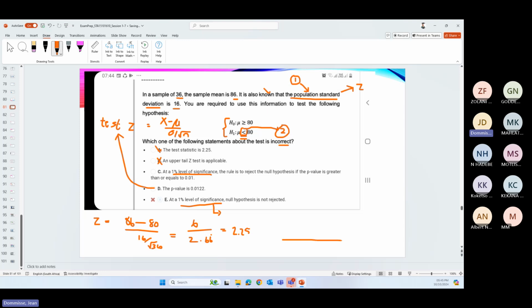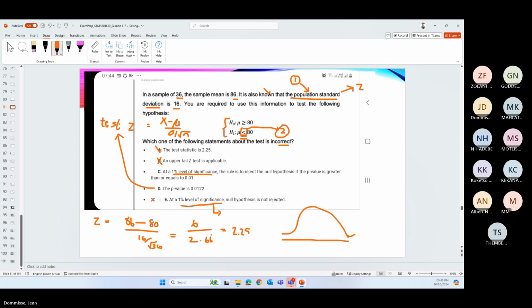So since we now have that Z value of 2.25, let's work out what the p-value is.